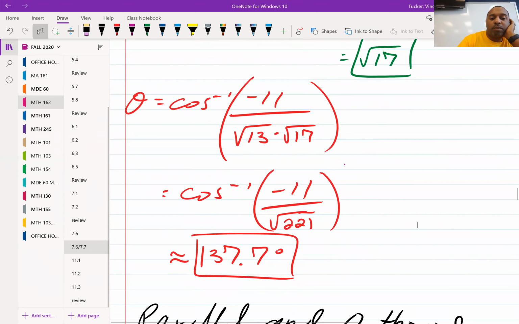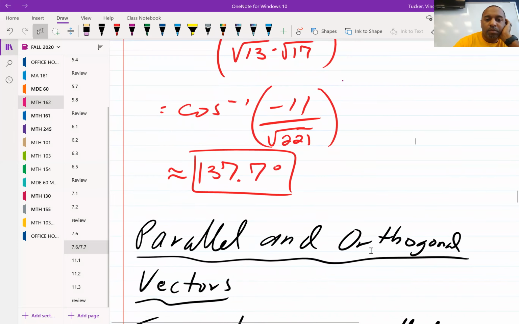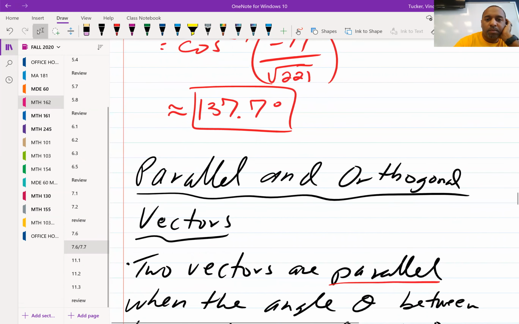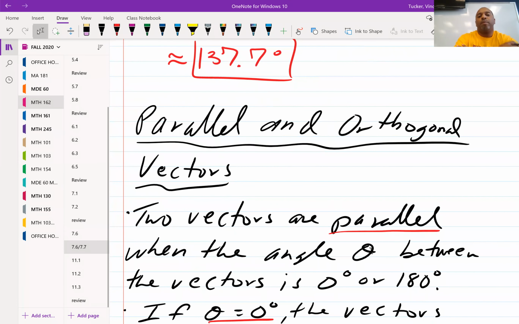All right, any problems before we go to the next thing? All right, parallel and orthogonal vectors.